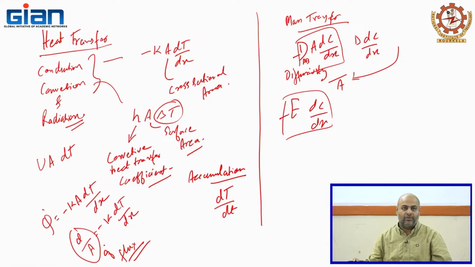The negative sign says from higher concentration to lower concentration. For heat, the negative sign is from higher temperature to lower temperature. The other is h_m A delta C, where your h_m is your convective mass transfer coefficient.